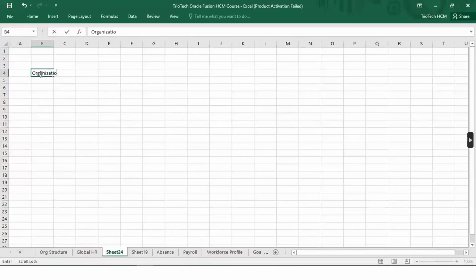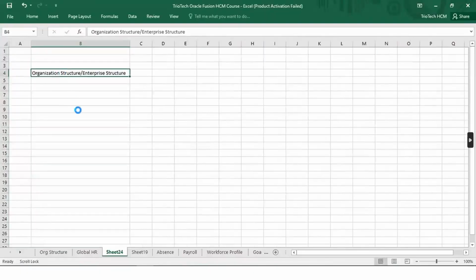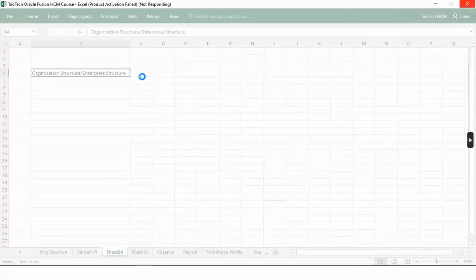We will call it organization structure, or you can call it enterprise structure. Anything you can call it, team. We have a concept in the Fusion application called organization structure or the enterprise structure. So what is this organization structure or enterprise structure? What do we have in this particular structure, team?